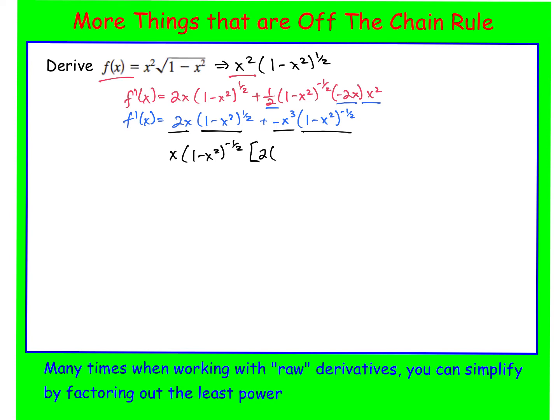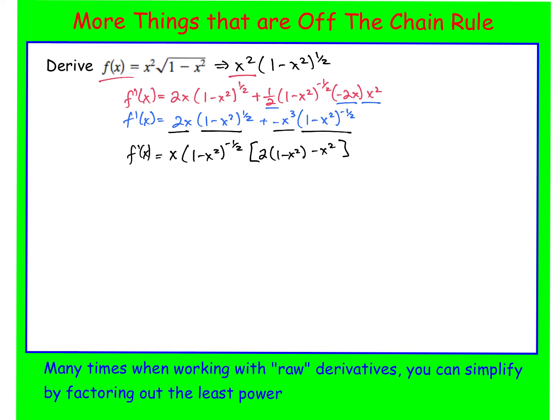And then I factored out a negative 1/2 power from a 1/2 power. So that quantity is now to the power of what? 1. That is to a power of 1. And that, honestly, guys, is the whole reason behind why we do it. Right there. All right? And then what's left? I took out an x from a negative x cubed, so now I have a negative x squared.